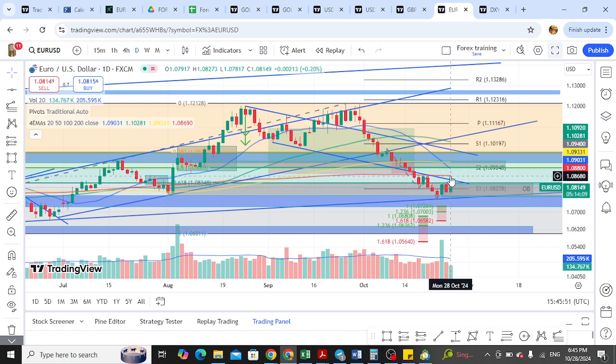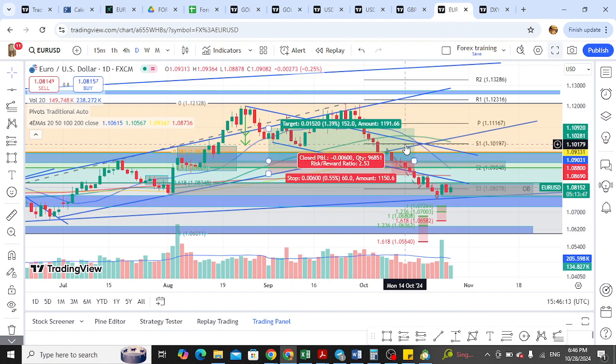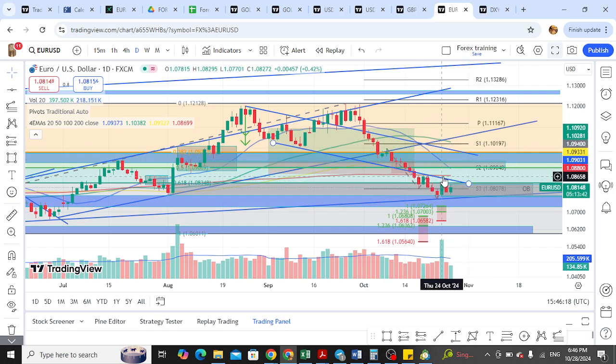But then we have resistance very close by with the 200 EMA, and then we have here the 100 EMA exactly at the border of the next resistance, and we have this crossing. All of these are against buying. Those are bearish.